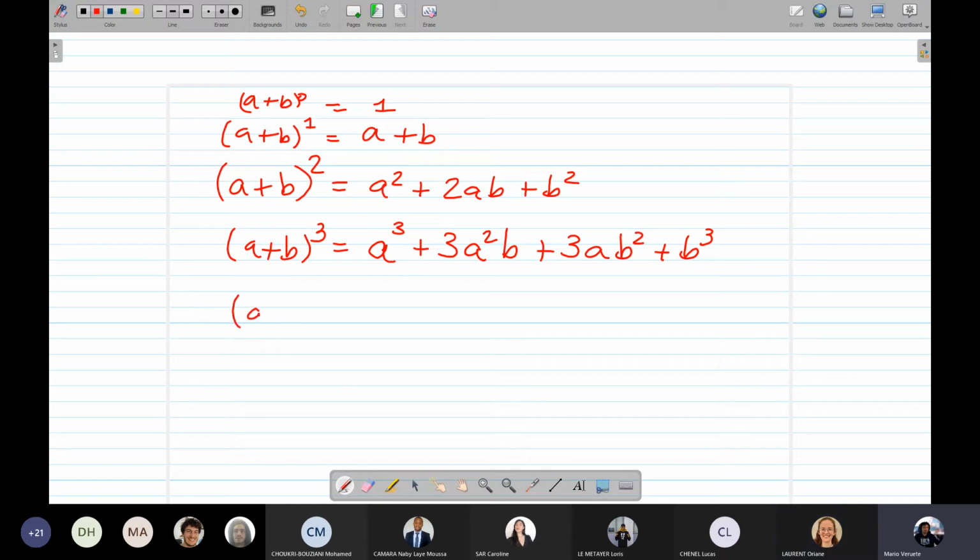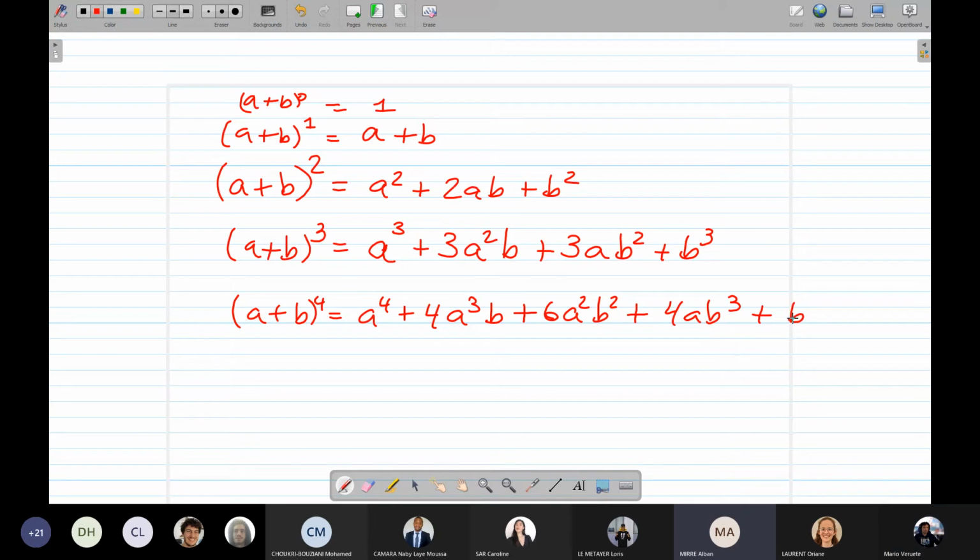Albin, what is a plus b power 4? A power 4 plus 4a cube b plus 6 a square b square, plus 4ab cube, plus b power 4.